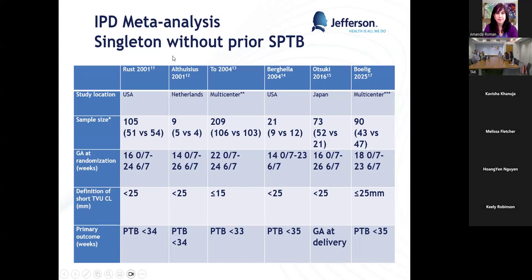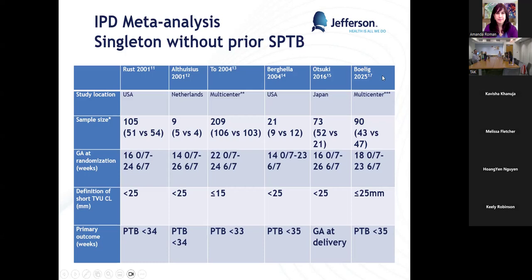The history here is that the first trial of modern cerclage was by Dr. Rust at Lehigh Valley, here in Pennsylvania, 2001. This is the Dutch trial, 2001. This is UK, Nicolaides, a larger trial. This is a smaller trial we did here, now 20-plus years old. Then there's a Japanese trial in 2016.